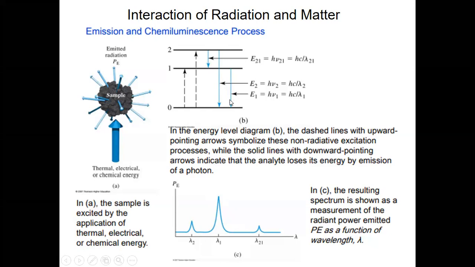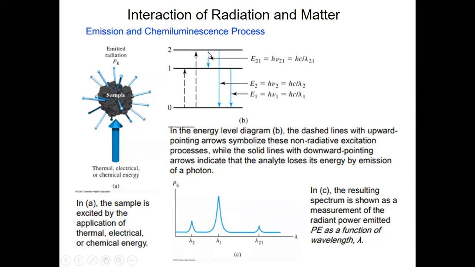And lambda 2 is the electron transition from the second excited state to the ground level. Since the energy difference is higher, the lambda is lower. E equals hc over lambda. That's the equation.